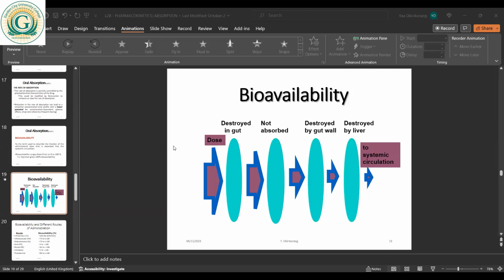So when we say bioavailability, we are talking about the amount or the percentage or the fraction or the part of the drug that finally reaches systemic circulation.